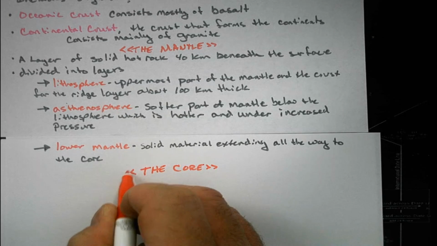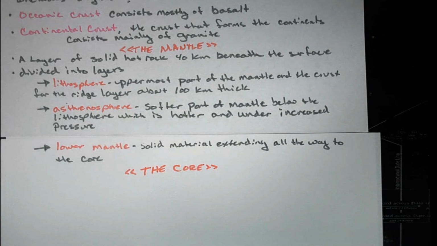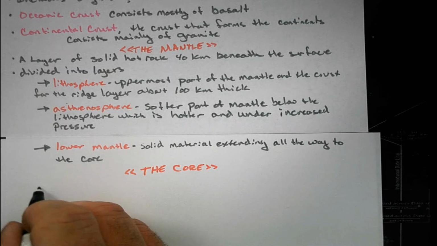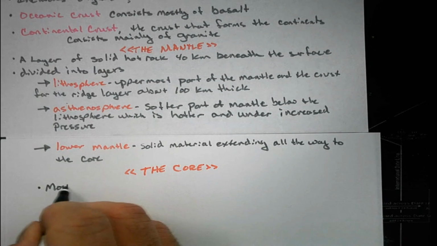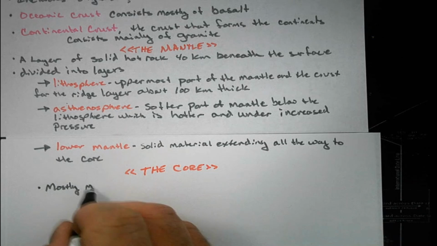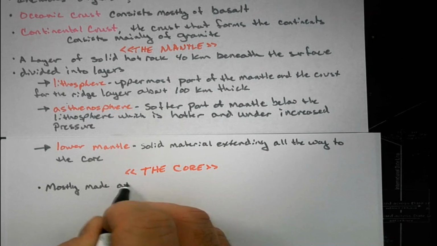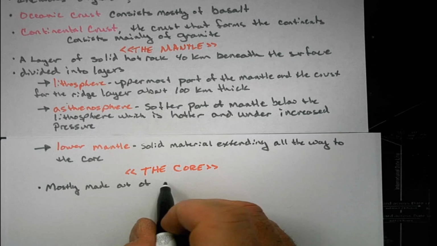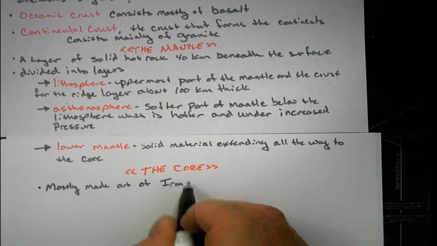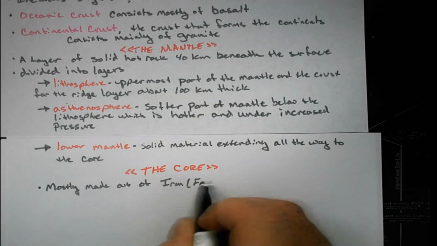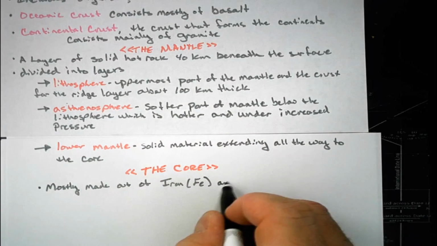However, just because The Core is a bad movie does not mean that it does not exist. We do have the core. It is mostly made out of iron and nickel.